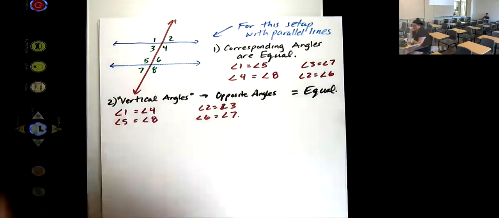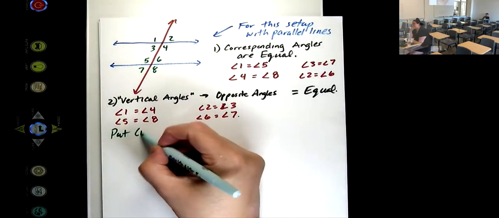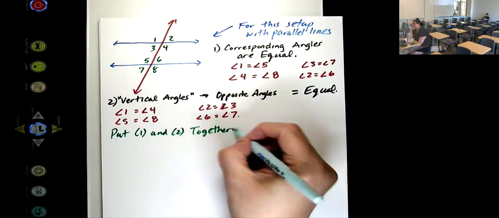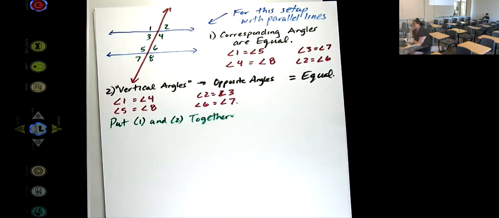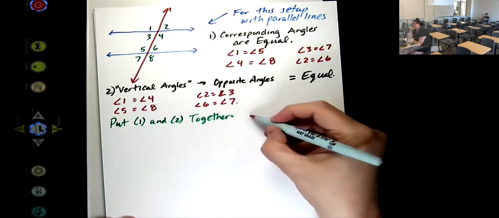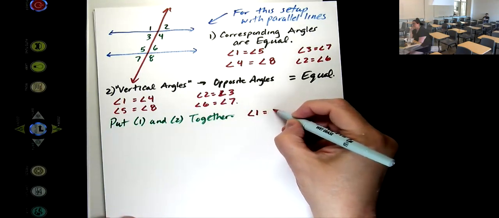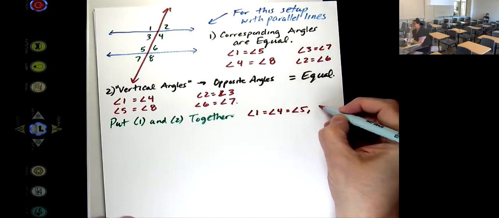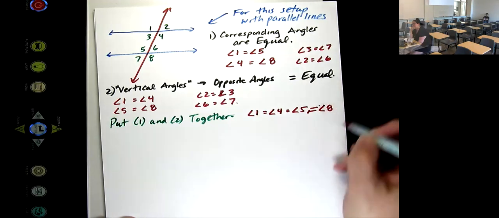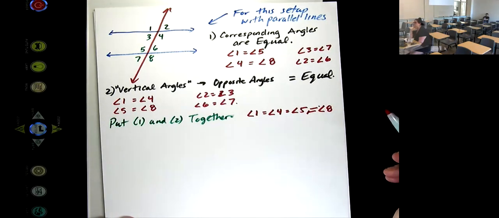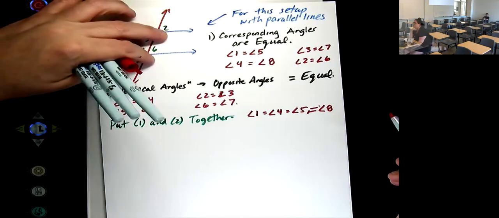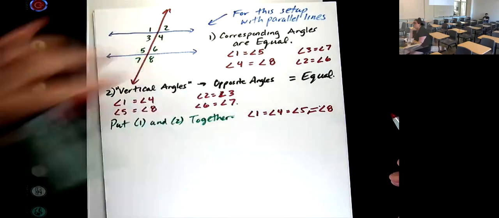So if we put 1 and 2 together, the following angles are all equal. Angle 1 equals angle 4 equals angle 5 equals angle 8. 1 and 5 are corresponding, and 4 and 8 are corresponding, but we know 1 and 4 equal each other, and 5 and 8 equal each other.